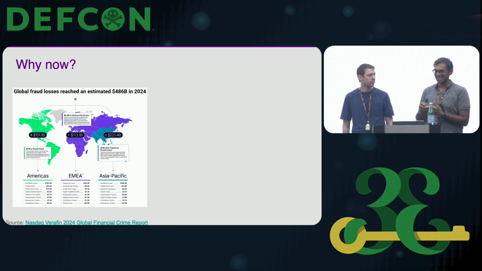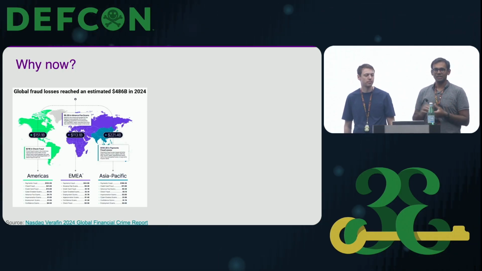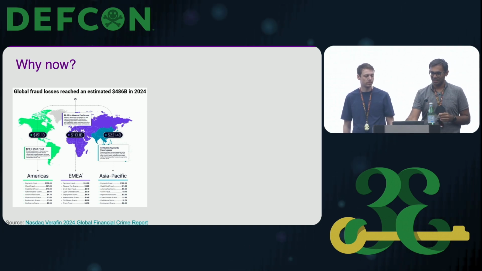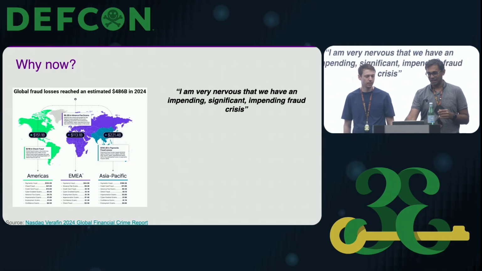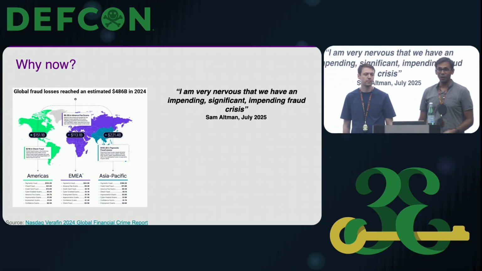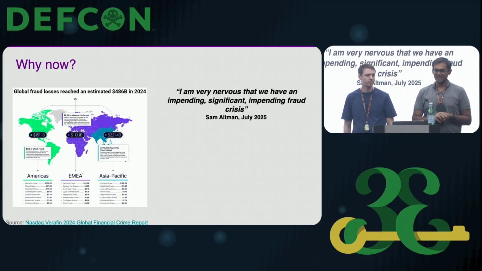So this is a significant problem, and banks recognize it as such. There's a whole bunch of investment that's gone into it, but there's a tidal wave of change about to come that I think people are not aware of. Sam Altman really helped us out by saying he's very nervous that we have an impending and significant fraud crisis because of what his models, surprisingly enough, now enable people to do.